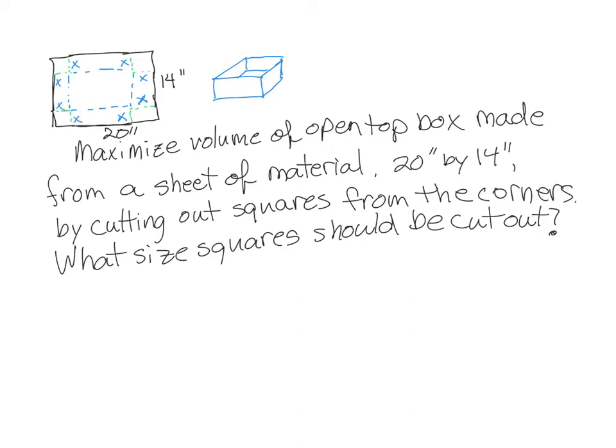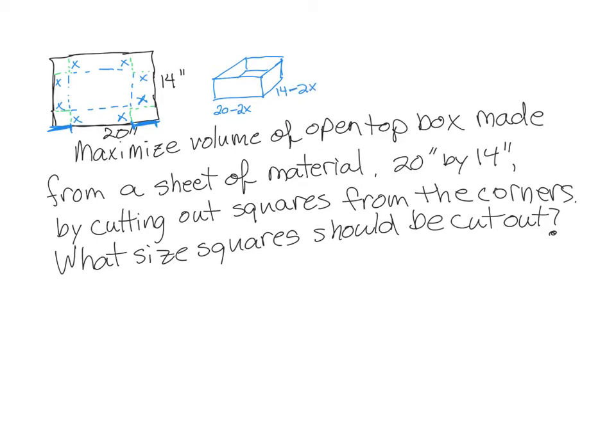So when you see the finished box, this side was 20 inches, but we cut out X from each end. Do you see that? We had 20 inches, but we cut out X here and X here. So we end up with 20, take away the two X's. And this side is 14 minus the two corners.